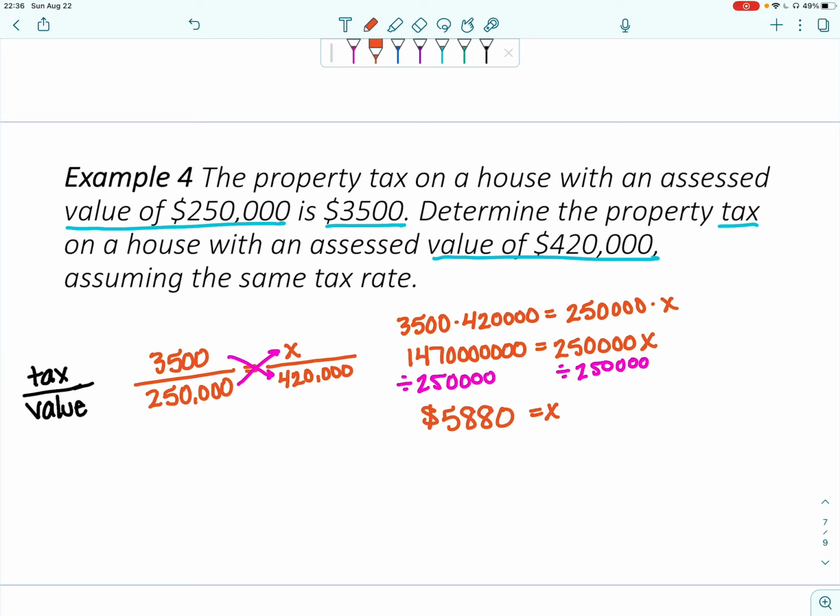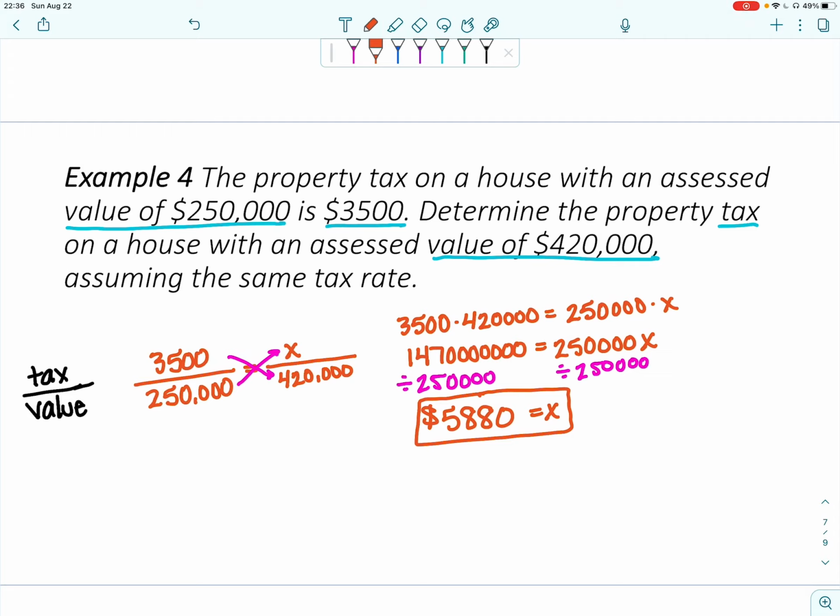So $5,880 is what the property taxes would be if we assume that these two houses would have the same tax rate. Which is a pretty big assumption, but it's what the problem says.